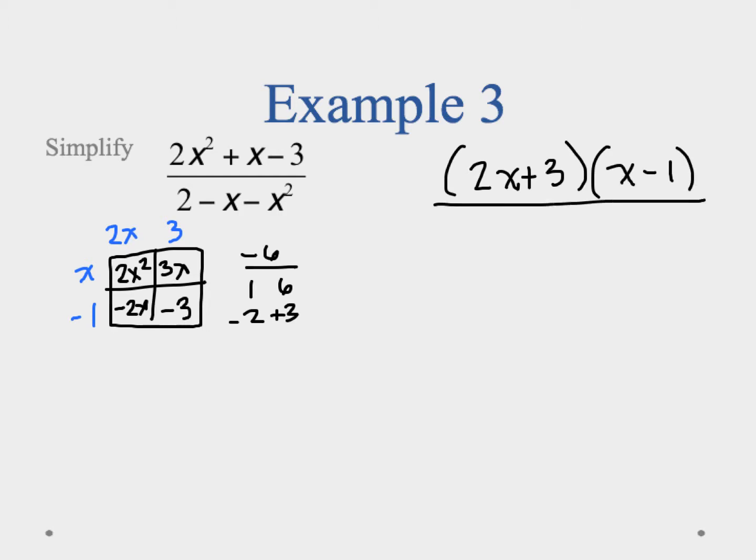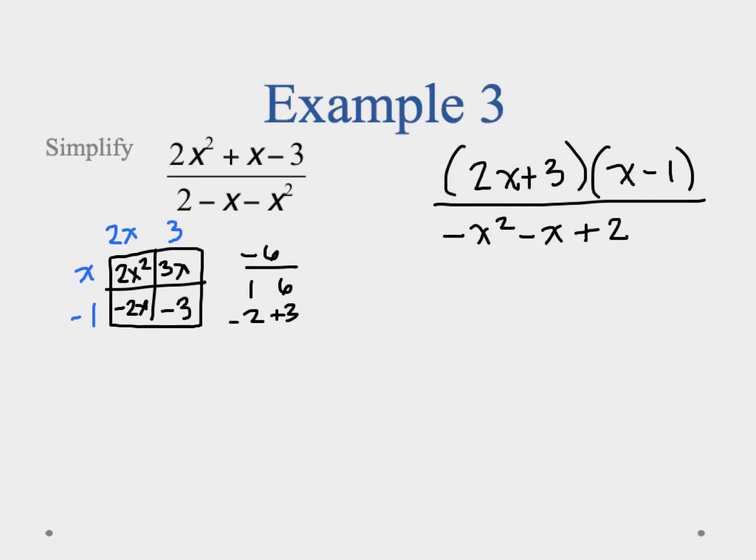Now I'm going to rewrite the denominator to put my x squared first. So I have a negative x squared minus x plus 2. Now, I have a difficult time factoring with the negative at the beginning, so I'm just going to factor out a negative 1, just to make it easier for myself.